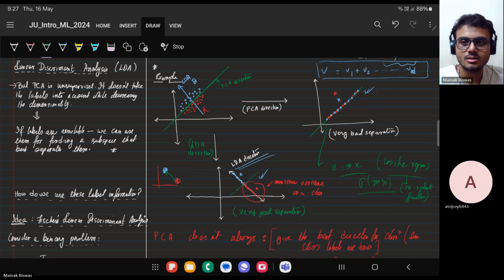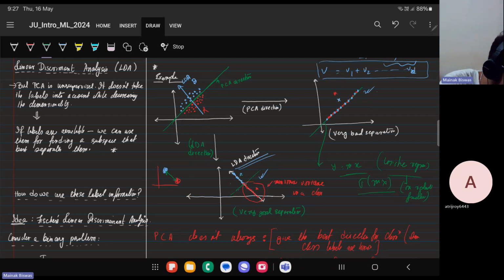Are you doing this in D dimensions or K dimensions? This is in D dimensions for the time being. I am going to reduce it into 1 dimension in the next moment. We'll see how. This is the U vector that I am going to use. After projecting, this is what I got. This is the projection on the 1-dimensional space.